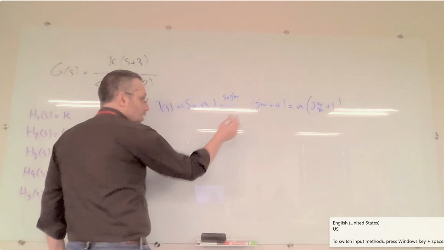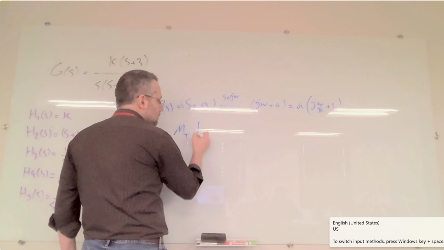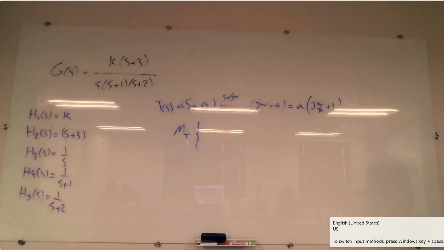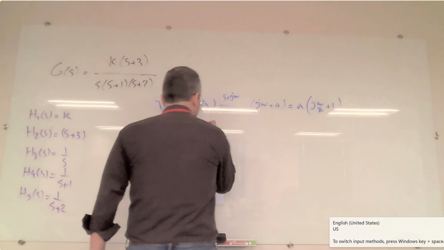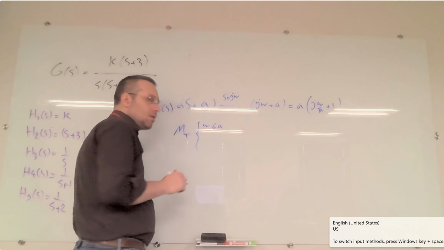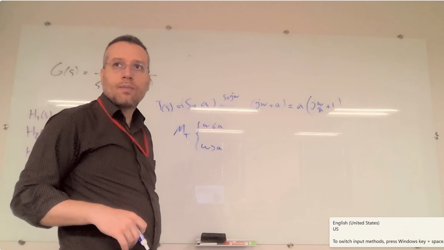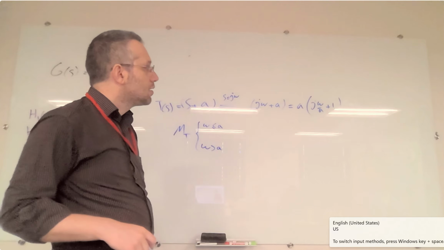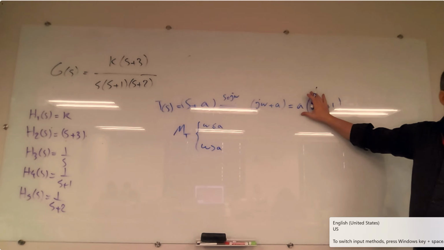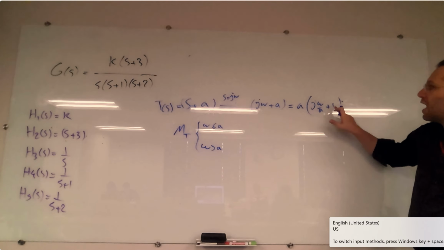That means when I want to find the magnitude of my phasor, I can analyze it by separating the domain into 2 parts: when omega is less than or equal to a, or bigger than a. If it's less than a, this is a small number, I will ignore that, and my transfer function approximates, it's an approximation, to a itself.